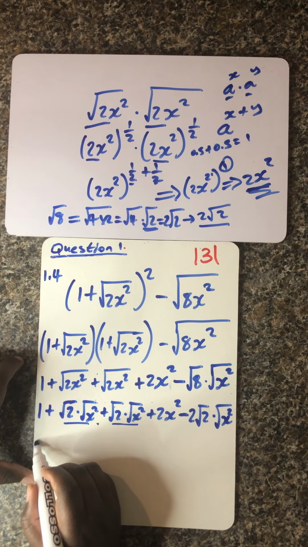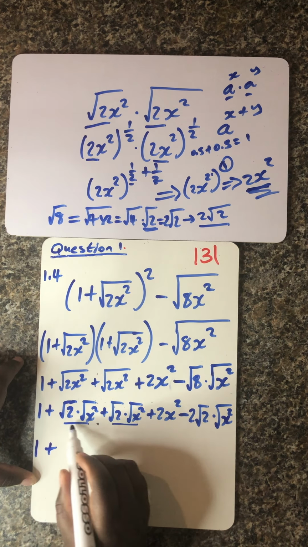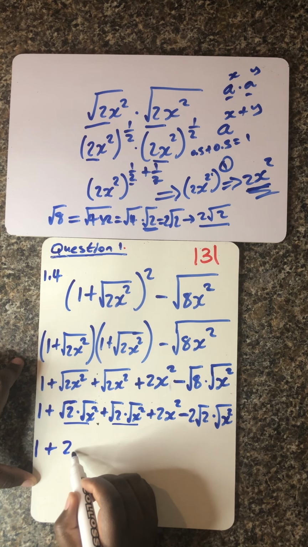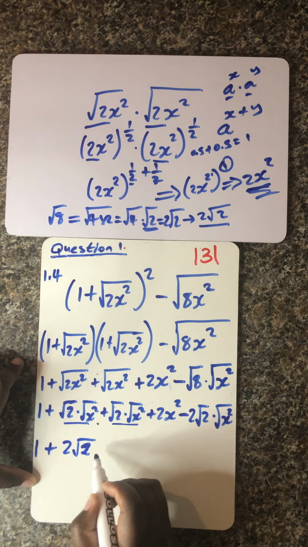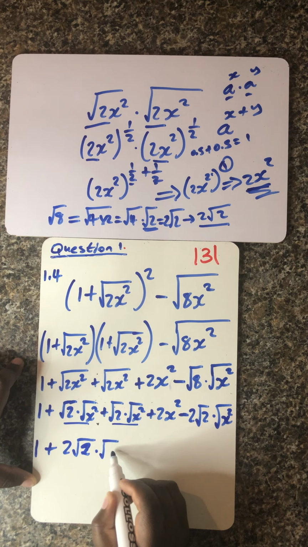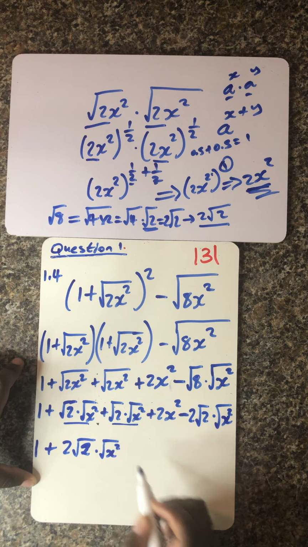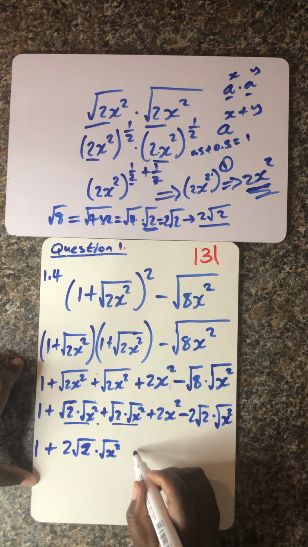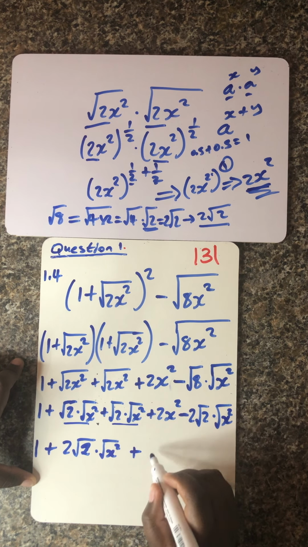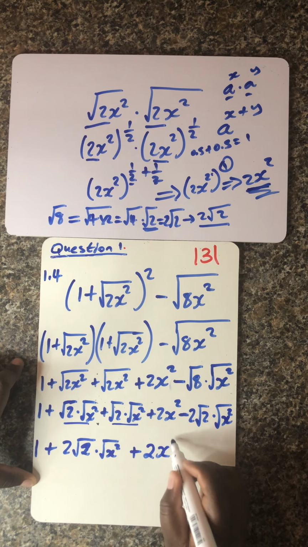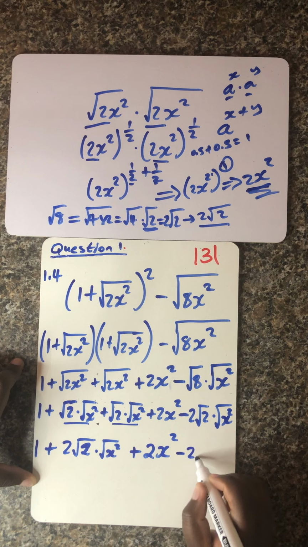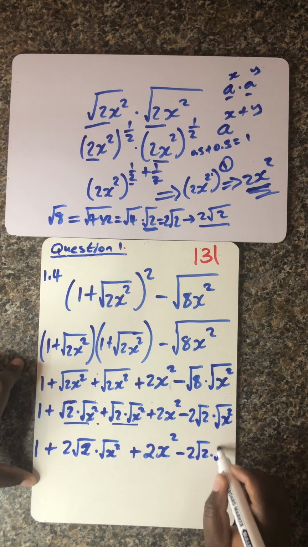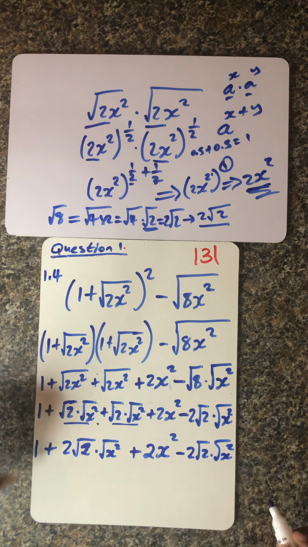So that means we have 1 plus 2 of these things, 2 of square root of 2 times square root of x squared, plus this thing, ladies and gentlemen, which is 2x squared, minus 2 square root of 2 times square root of x squared. Very, very much important.